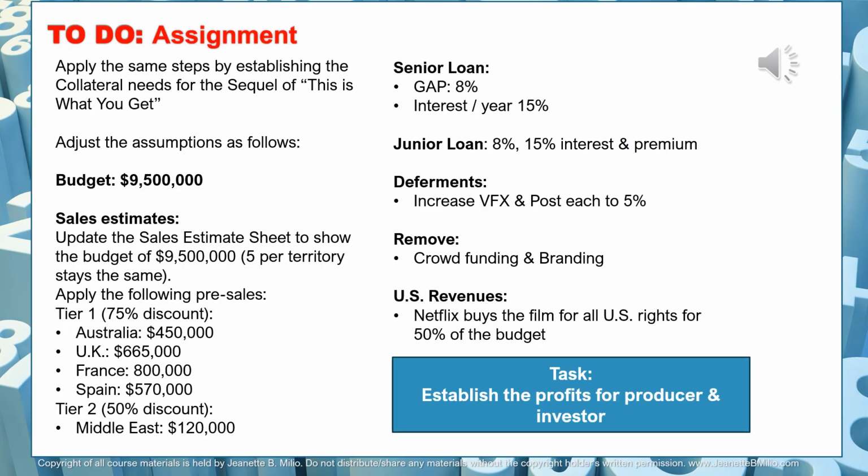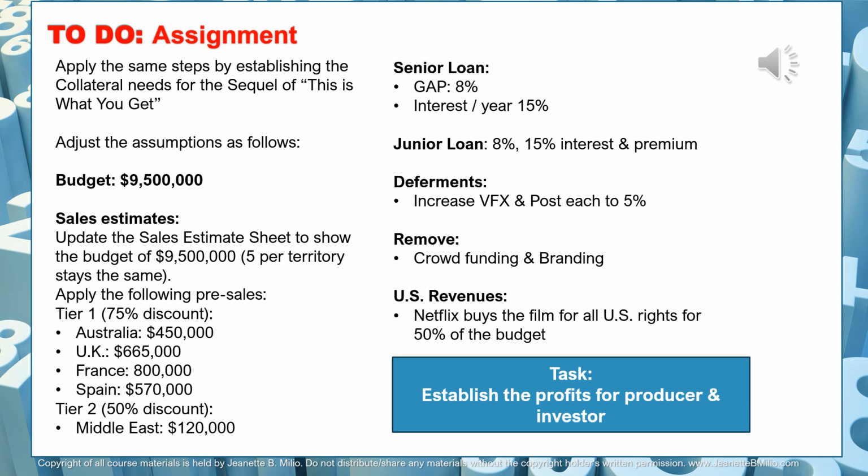You can do this assignment using the same Excel, but adjusting your film with these new assumptions. And you will see a major change, particularly in the US, where we're going to sell the film to Netflix, who buys all US rights for 50% of the budget. So that's one major change.